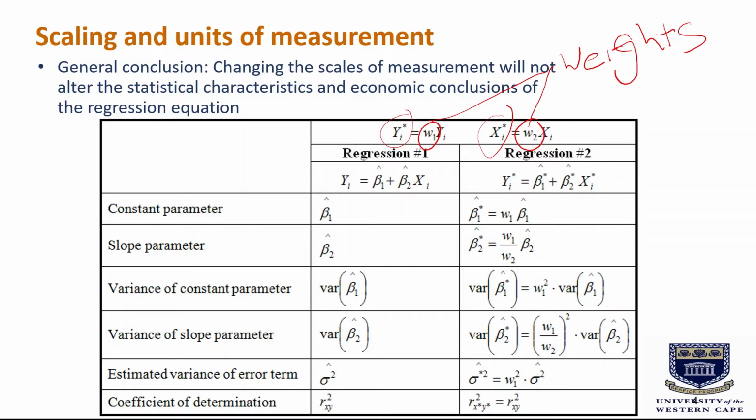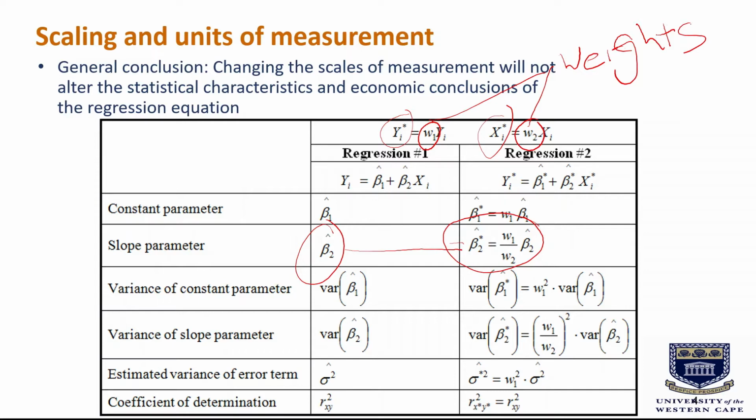So if you want to rescale your slope parameter from beta 2 hat, this would be your estimate. Then you need to apply the formula given over here. So you want to end up with beta 2 hat star, which is now measured in billions rather than trillions. To do that, you have to use the formula W1 over W2 times beta 2 hat.